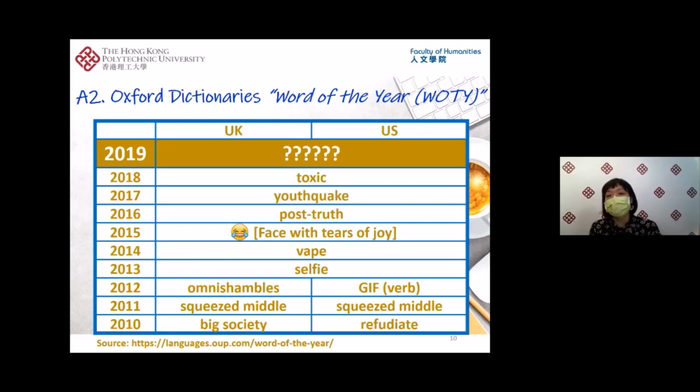And what about the expression of the year in 2015? This is a very cute emoji, and I think I have used it 20 times already, maybe 10 of them in one text. Oxford Dictionary translates this emoji into "face with tears of joy." It is such a breakthrough for Oxford Dictionaries, which is usually considered very careful in terms of dictionary entries and quite traditional in terms of English.